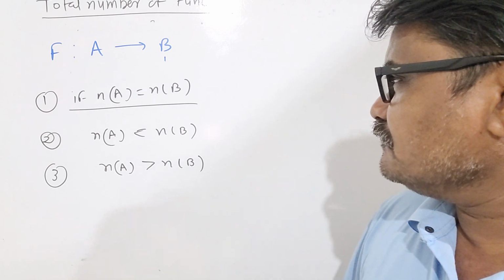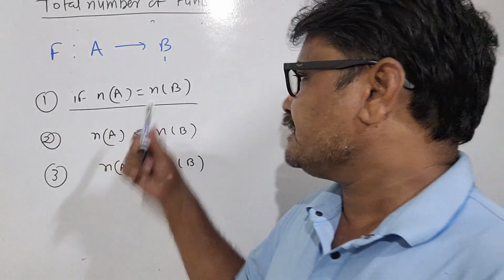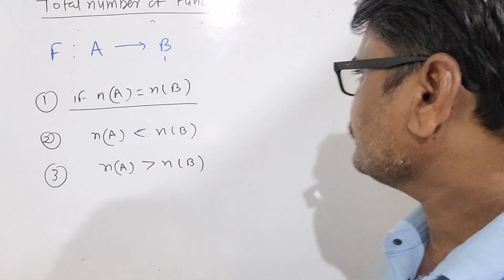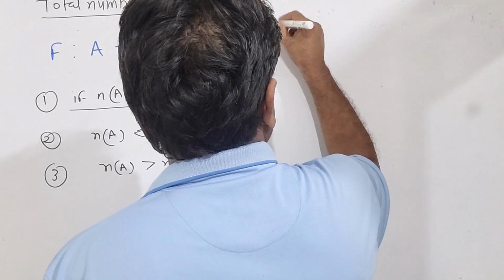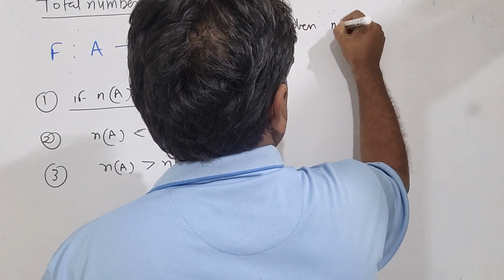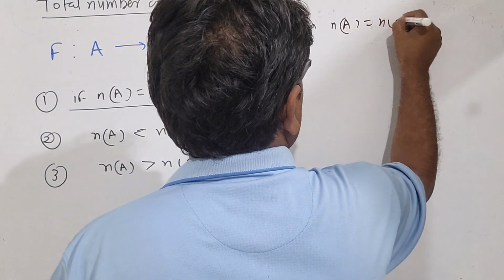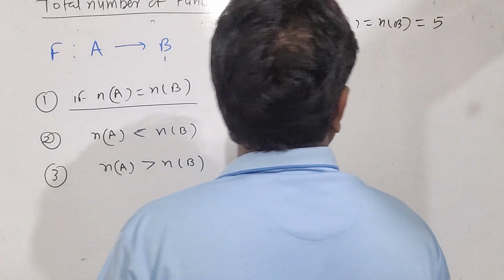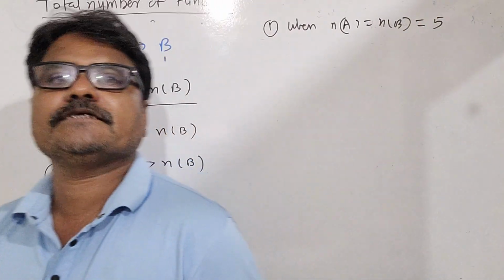Fine. So let's start with n of A equal to n of B. Say n of A equal to n of B equal to 5.